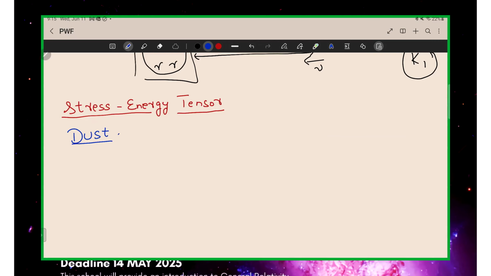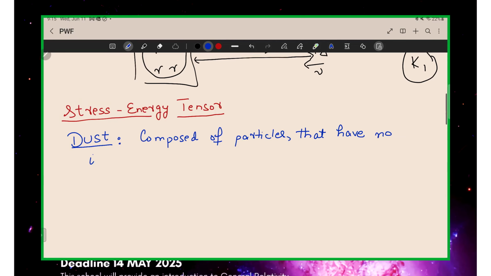Now, how do you define dust? Well, you define dust by the following definition. Dust is composed of particles that have no interaction with each other. And the second thing is important.